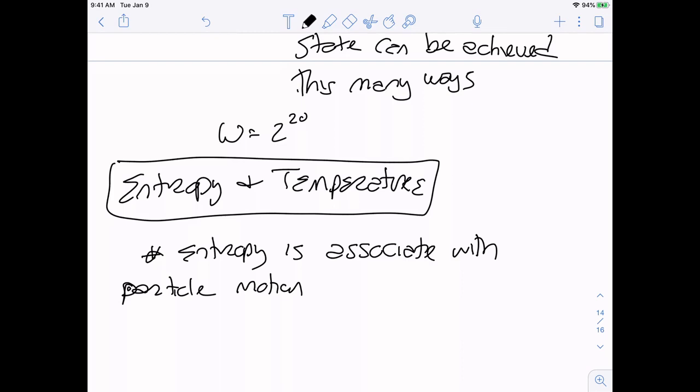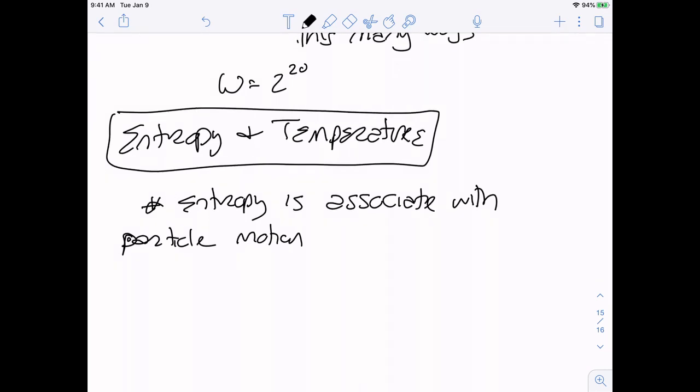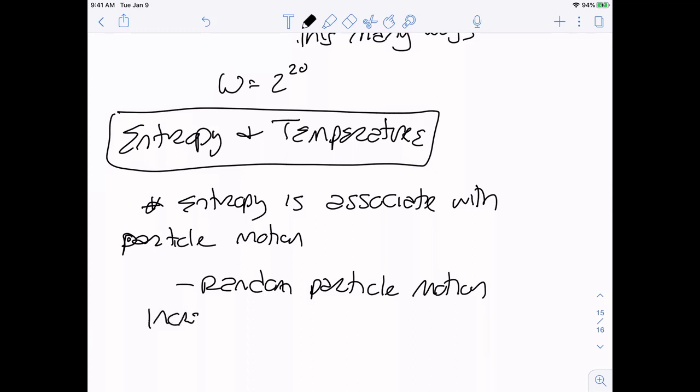We said there were more microstates. So the more microstates you have, again, you're increasing the number of ways that you can achieve a state. All of this can go back to our Boltzmann equation. So anyway, entropy is associated with particle motion. Random particle motion increases as the temperature increases.